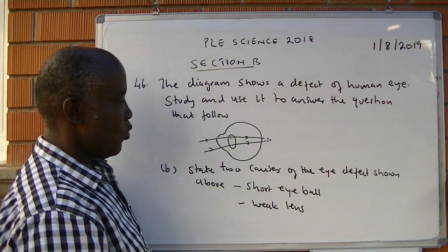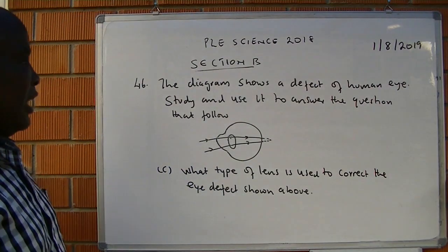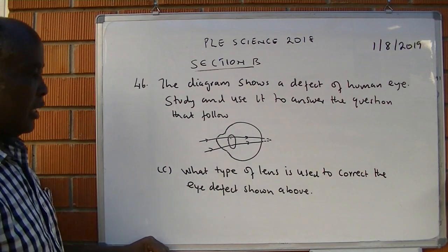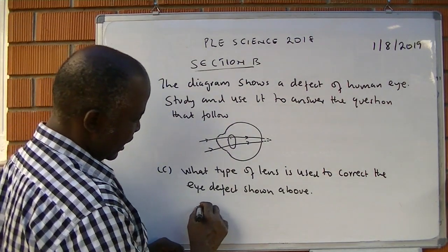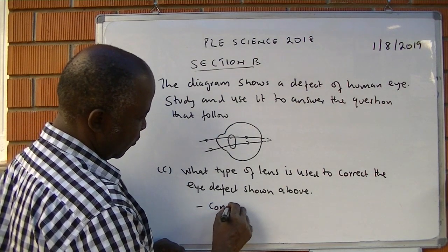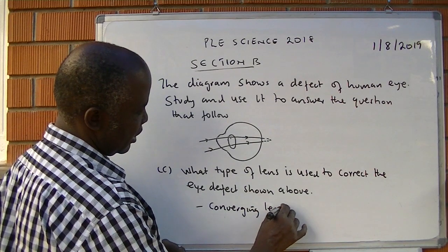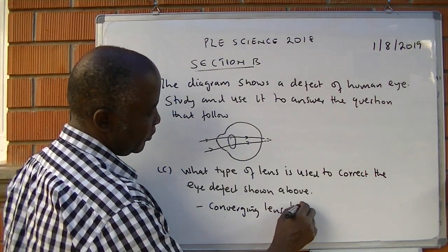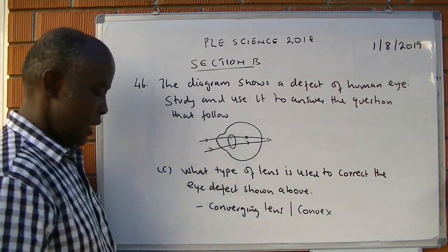C, what type of lens is used to correct the eye defect shown above? That is converging lens or convex lens.